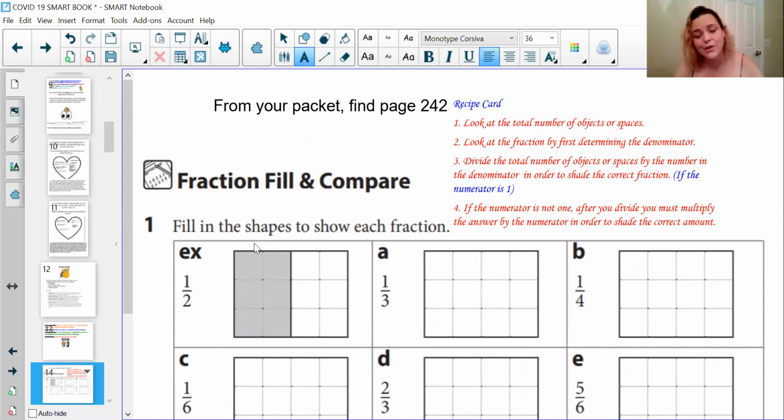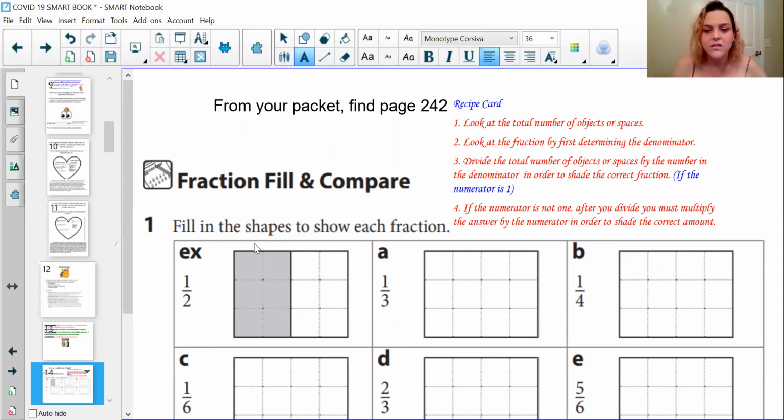Actually, I'm going to ask you to pause me again in a second because I'm going to ask you to write this recipe card down, which is really going to help you with these problems today and really exploring fractions of a set. I'm going to read it and then you can pause me to copy it down. Number 1, look at the total number of objects or spaces. Number 2, look at the fractions by first determining the denominator.